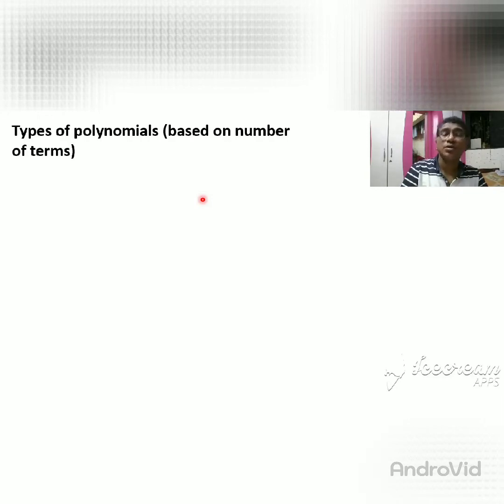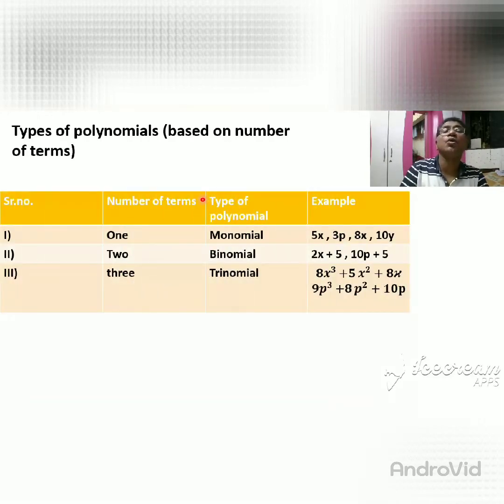This is how they are named based on terms. I am showing the number of terms. If there is one term, then it is called a monomial. One term means they have only one term. So number of terms 1 is called a monomial. Examples: 5x, 3p, 8x, 10y.